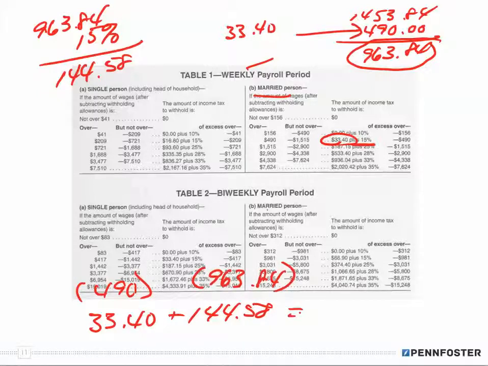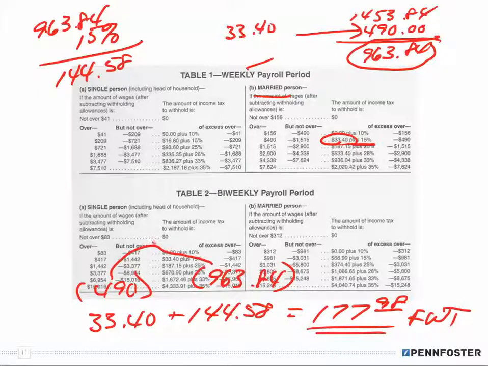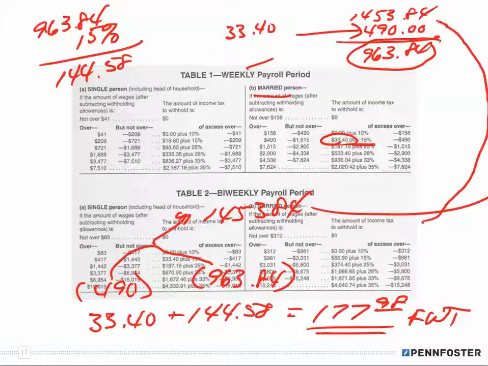That gives us 177.98, which is the amount that needs to be deducted for federal withholding tax. Remember, this 490 plus this 963 ends up being the 1453.84, which was that number right there.